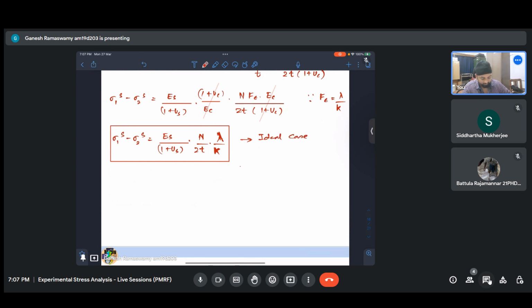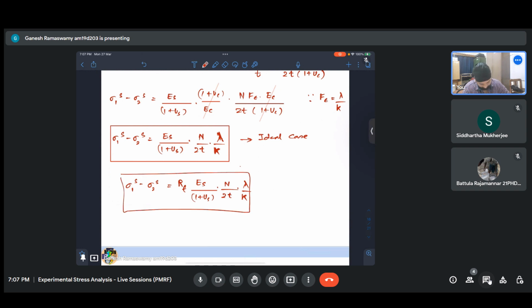When we have a reinforcing effect that is taking place because of the coating onto the specimen, then we also need to account for the correction factors, in which case sigma 1s minus sigma 2s will be related by one reinforcement factor into Es upon 1 plus mu s into n by 2t into lambda by k.